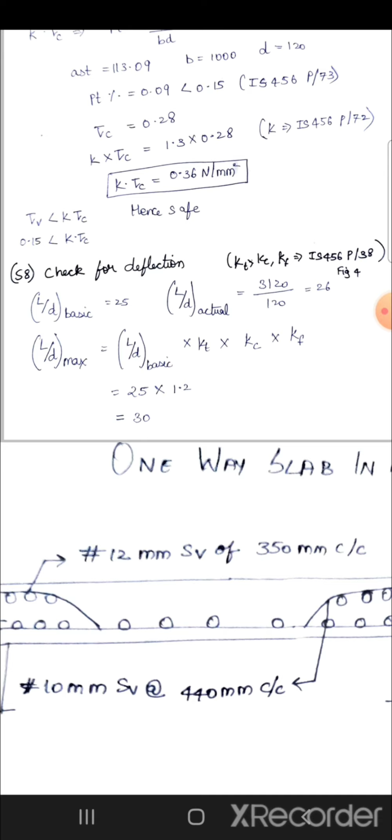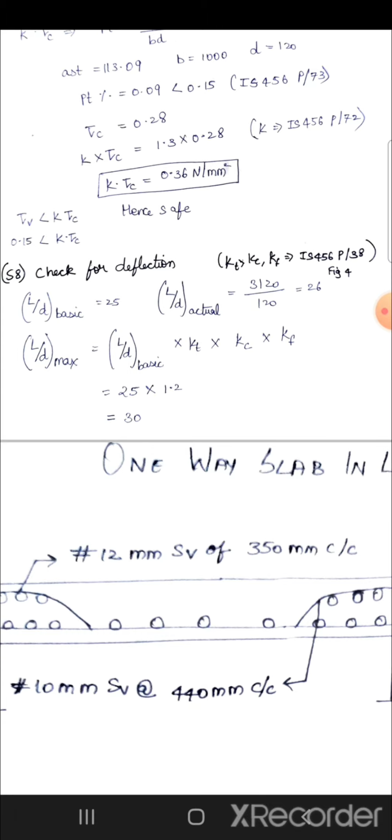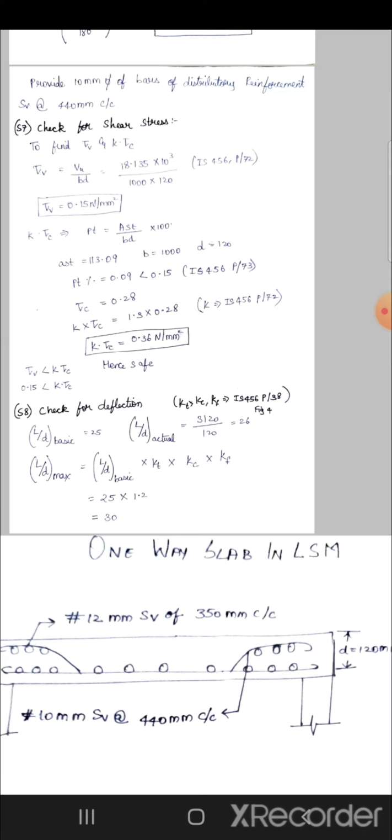KT, KC, KF value is in IS456 page number 38 figure 4. Referring to it, we get 1.2. Calculating in the L by D max formula, we get 30 as answer, which is greater than L by D actual. Hence, design is safe. Next is one-way slab diagram.